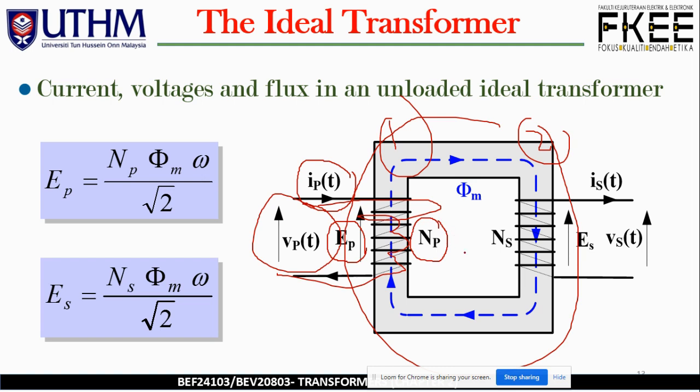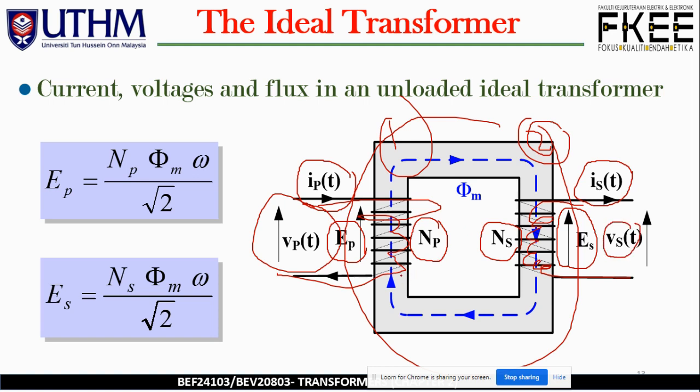Moving on to leg number 2, again we have our winding with NS, the number of turns, the induced voltage at the secondary side, the current IS, as well as VS.